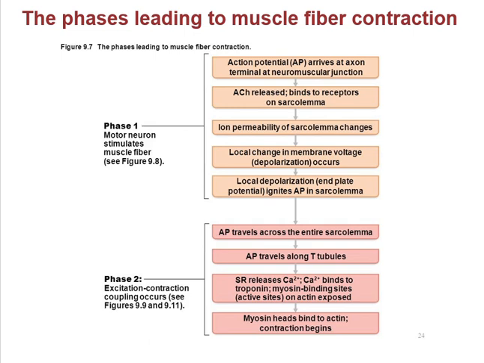The T-tubules, as they carry this electrical impulse, are going to cause calcium release from the sarcoplasmic reticulum. Once calcium release occurs, that's the end of phase 2 because it's going to lead to the cross-bridge cycle, which begins with myosin binding to actin. And that starts phase 3, the contraction cycle.